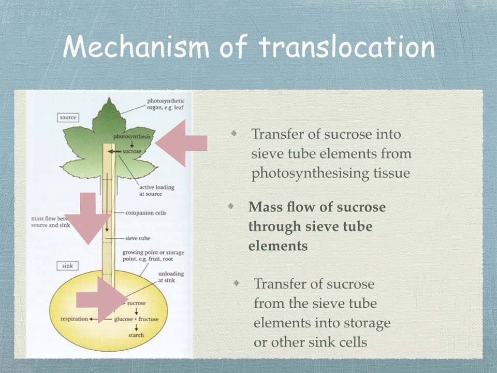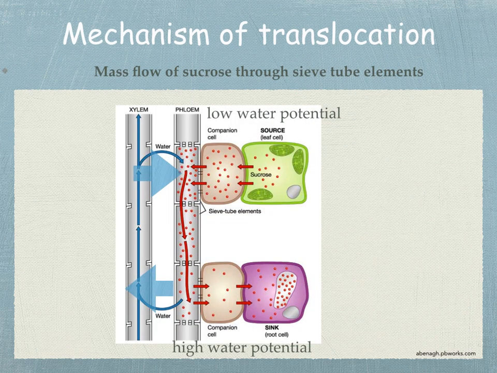So let's move on to the next phase in translocation, the mass flow of sucrose through sieve tube elements. Now, it's important to understand this part. The sucrose produced by the photosynthesizing cells causes them to have a lower water potential, as you can see at the top there.